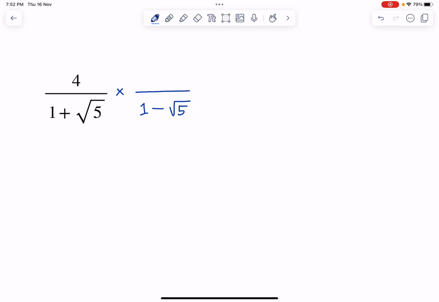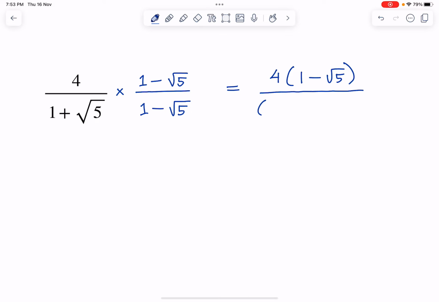So obviously we should not change the value, so we are multiplying it by 1 minus root 5 over 1 minus root 5. So what happens in this case, on the numerator we will have 4 times bracket 1 minus root 5, and on the denominator what happens is we have 1 plus root 5 multiplied by 1 minus root 5.